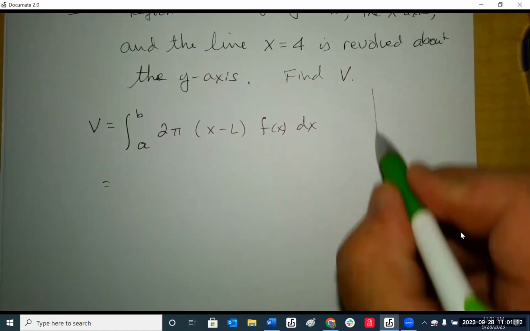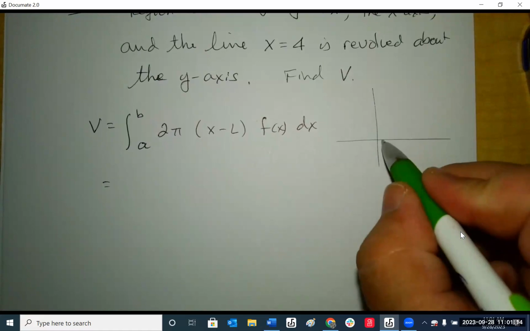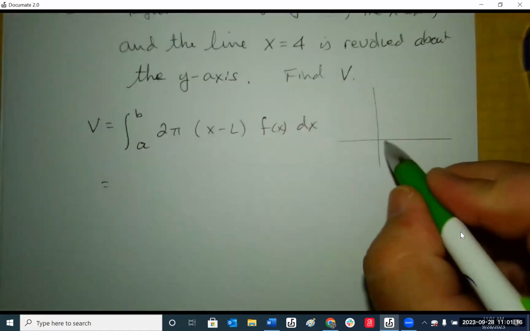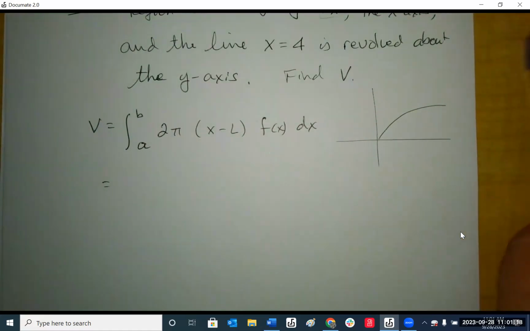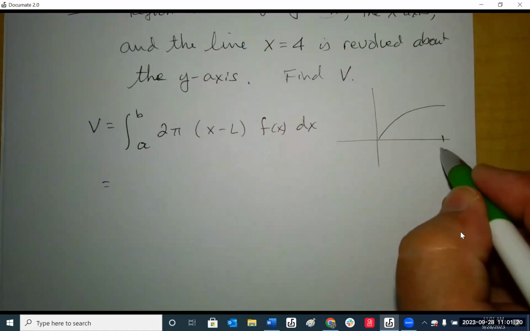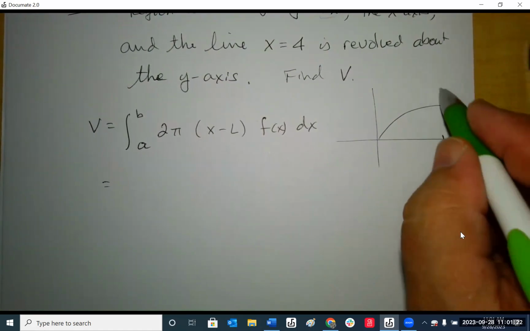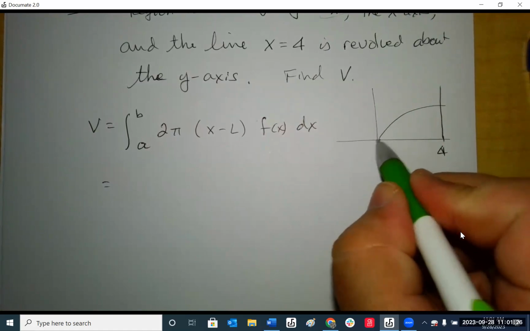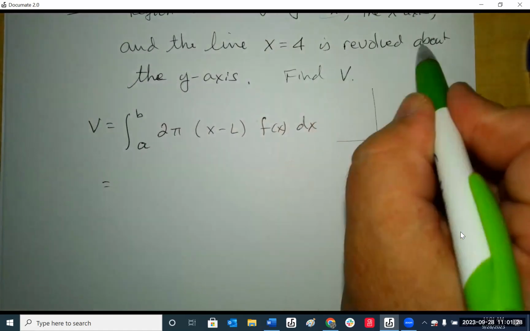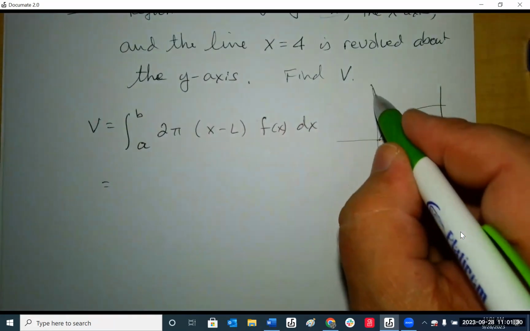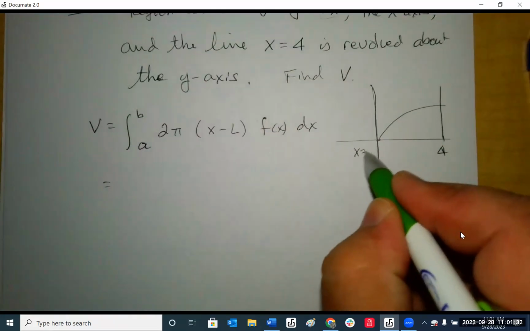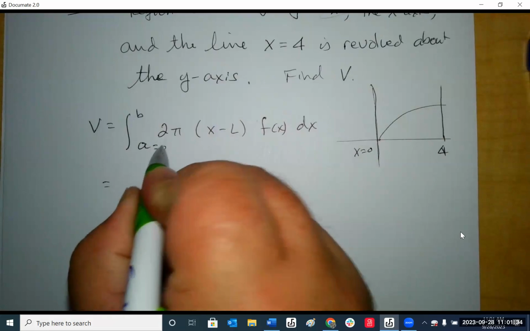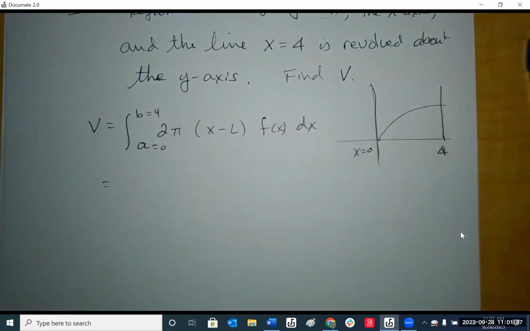If we look at the picture itself, the function is radical x. We're stopping at x equals 4, and we're starting from here because we're revolving about the y-axis. The y-axis is where x equals 0. So this goes from 0 to 4.